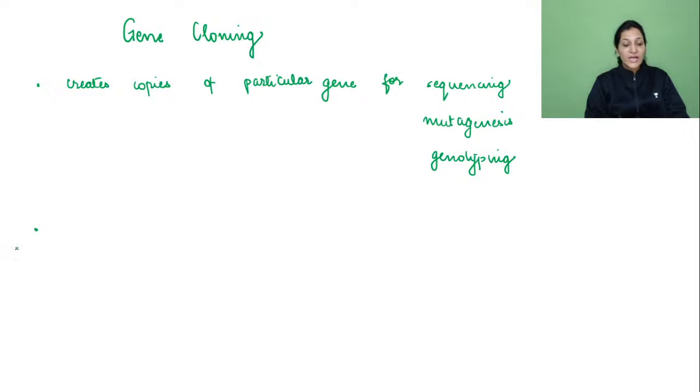The traditional technique for gene cloning involves transfer of a DNA fragment from the organism of interest into a self-replicating genetic element such as a bacterial plasmid.